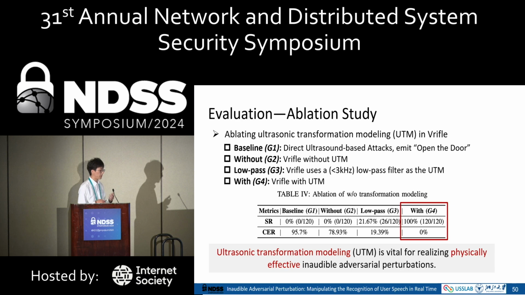The first group is direct ultrasound-based attacks, namely the Dolphin attack, which emits a voice command, "open the door", and the VRIFLE attack without considering the physical and digital domain gap, namely using the UTM. And another control group uses a low-pass filter to approximate the function of our UTM. The experimental results demonstrate all control groups are ineffective, and our ultrasonic transformation modeling is vital for realizing physically effective inaudible adversarial perturbations.